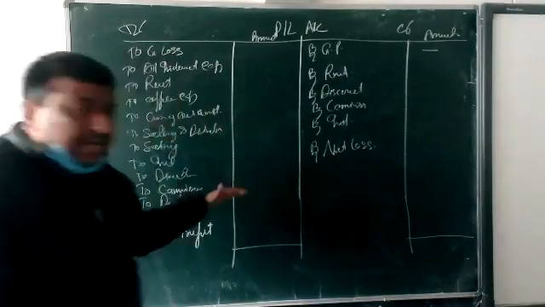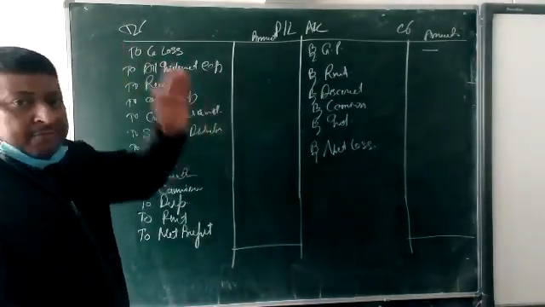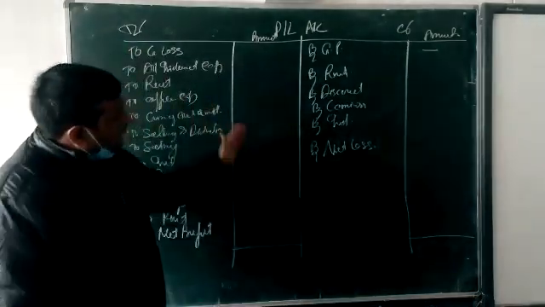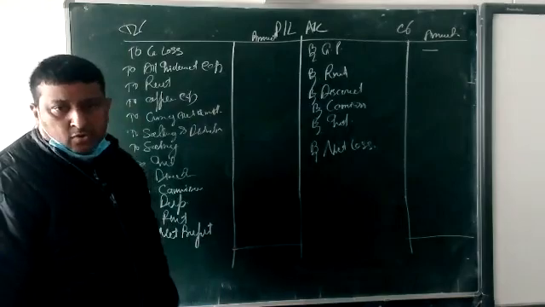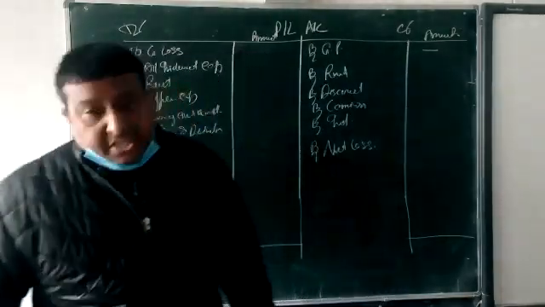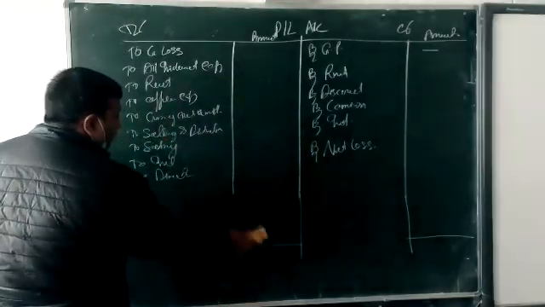And this PL account is made below the trading account. First we are going to make the trading account, and just after the trading account we are going to make this PL account. Okay, beta? Clear? After that we are going to make the balance sheet. Now see the balance sheet. How are we going to make the balance sheet?